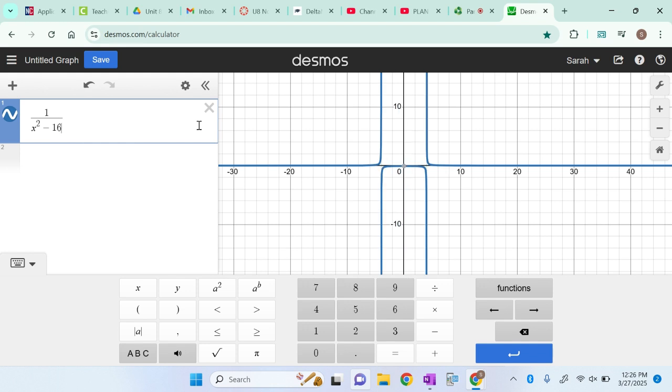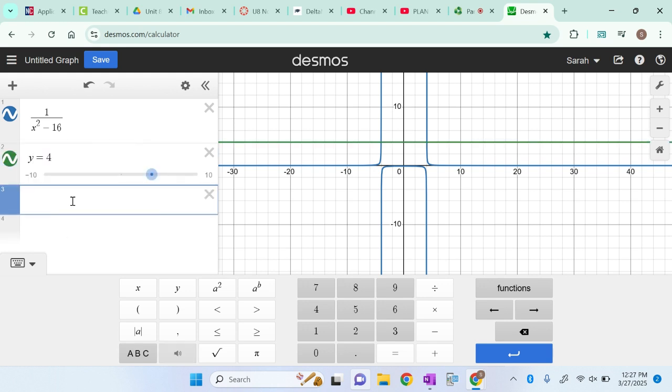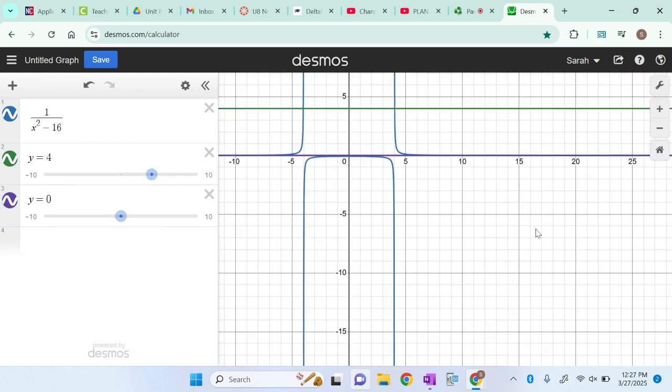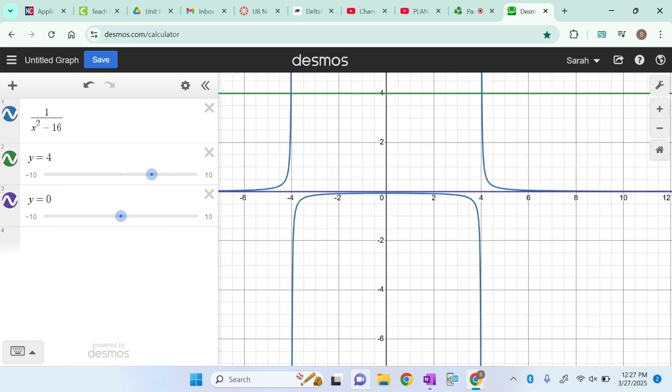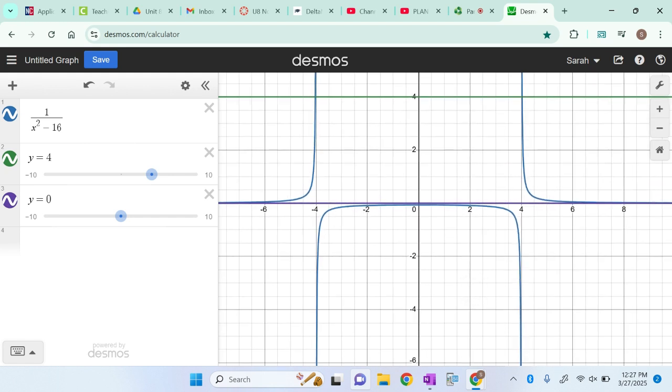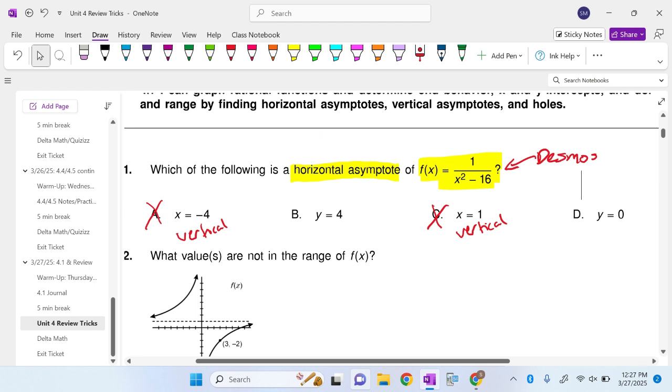Yeah, that would help if I put the correct function in. I'm going to graph the 2 lines, y equals 4 and y equals 0, and zoom in a little bit. Which of these 2 horizontal lines, the green or the purple, does your graph not cross? The purple. And that purple corresponds to which function? Y equals 0. Guess what? That's your answer.